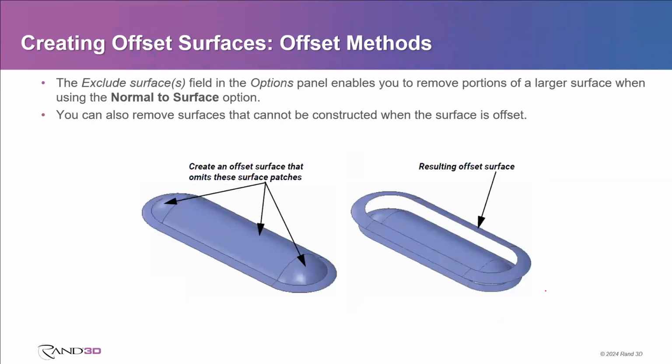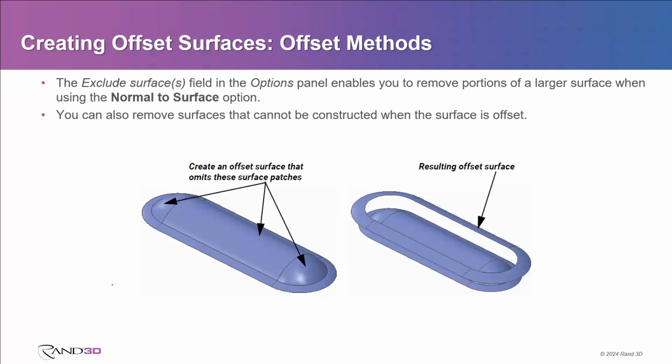Now, like we said, when you go to build an offset surface, you can pick one surface out of a quilt, you can pick one entire quilt, or you can pick one solid face. Let's say that this geometry on the left was one entire quilt, but I don't want to offset the whole thing. I would start by picking the entire quilt. Then when I go into the offset, there is an exclude option.